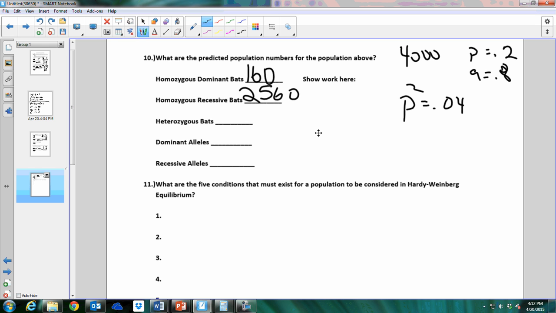Heterozygous, 2pq, that's 32% times 4,000, so that's 1,280. Dominant alleles, well, there are 8,000 alleles. Where did I get that? 4,000 bats times 2, 8,000 alleles times 0.2, that's 1,600, and then the other is 8,000 minus that, so that would be 6,400 alleles.